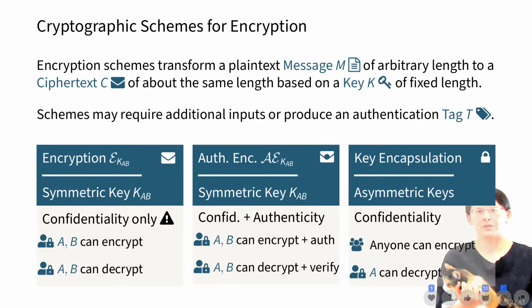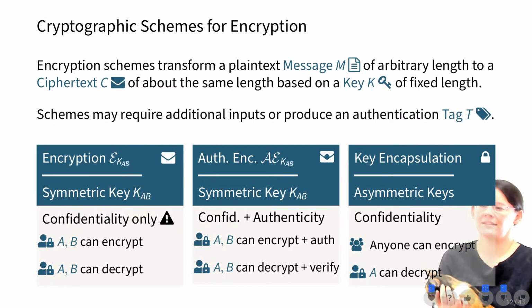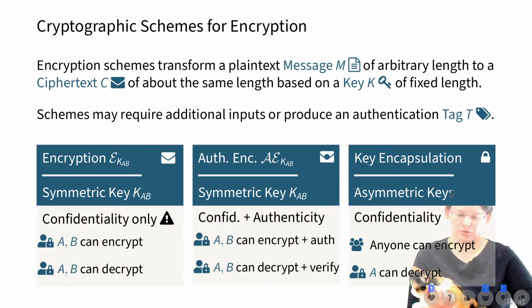So let's have a look at a few practical cases where you might have been in touch with encryption already, most likely, and where you might already have seen some hints at the cryptography underneath. Now there's one big difference to authentication. In the authentication lecture, we had a number of examples where you actually saw the output of the crypto scheme.